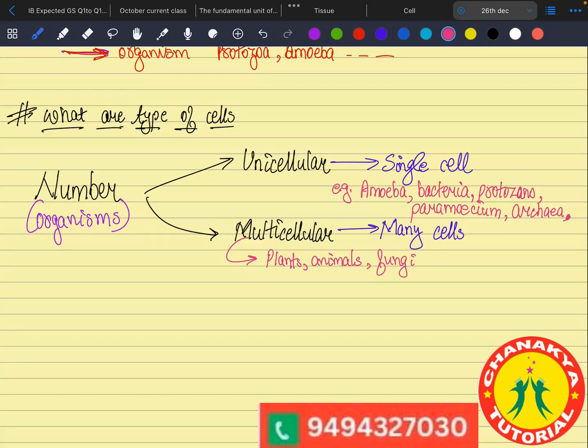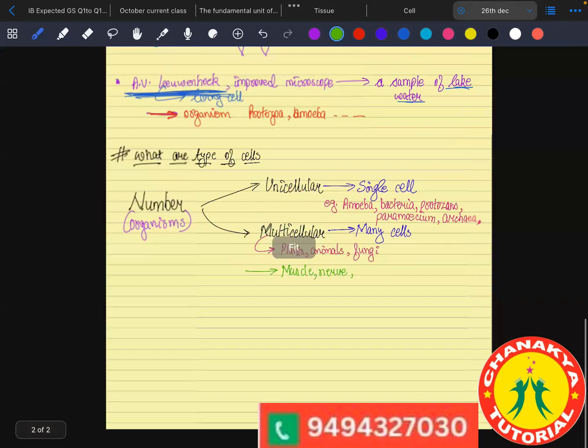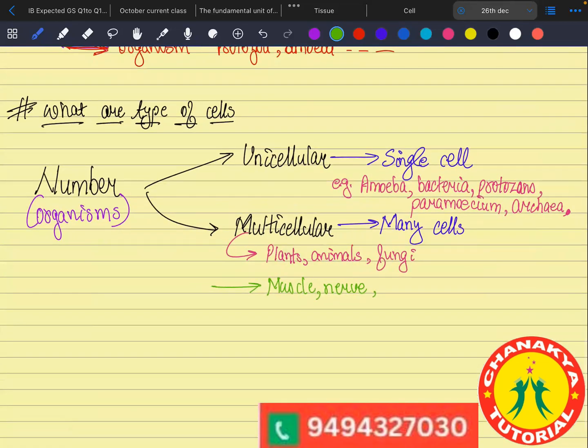Sir, skin cells, muscle cells, and nerve cells. Yes, there are skin cells. And sperm is also a cell.